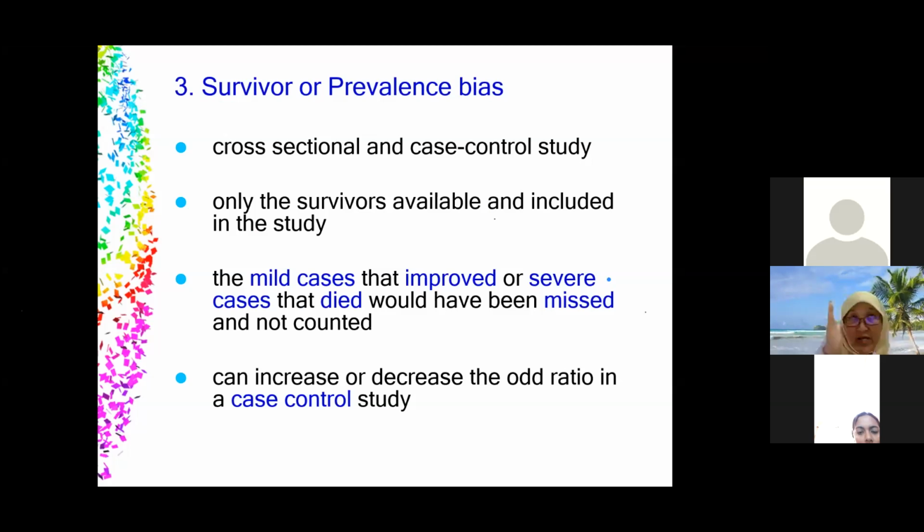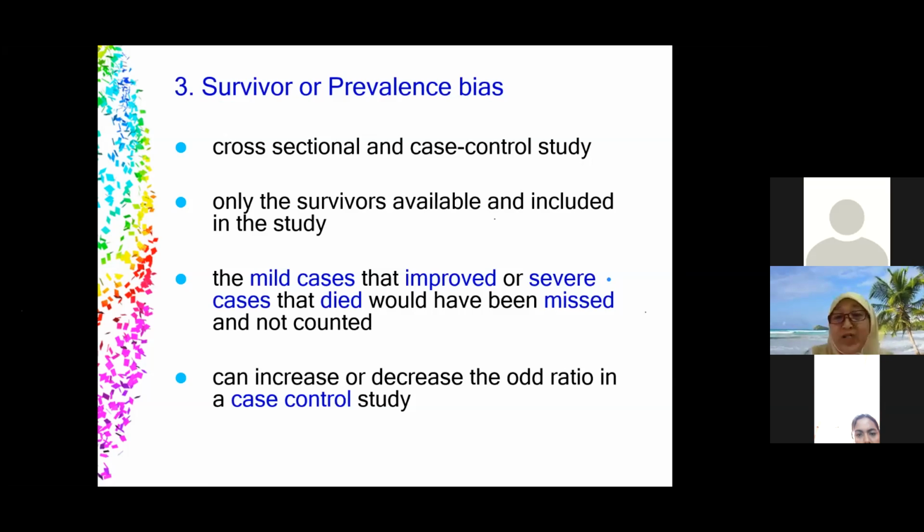So, kalau dia sakit, when you conduct the study, those with flu are already cured, so they will not be in your sample, or severe cases have already died from the disease, so the study might have missed them. What is the effect of survival or prevalent bias? It will increase or decrease the odds ratio. So effect itu macam jadi lebih kurang atau lebih banyak.